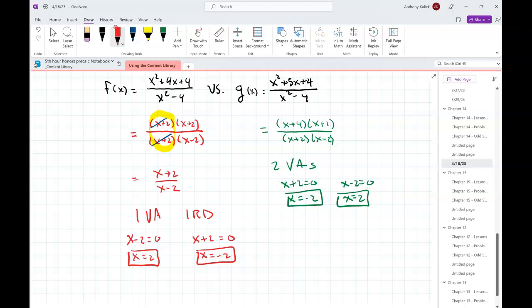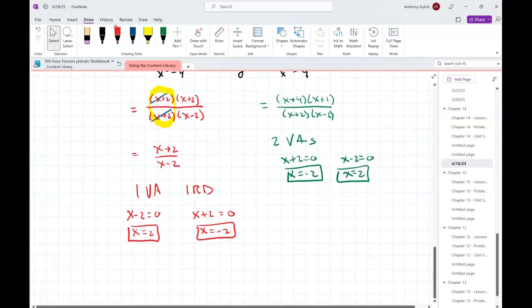So that should have a y-coordinate also with it. How do I find the y-coordinate to go along with that? I plug that value for x into the reduced problem.